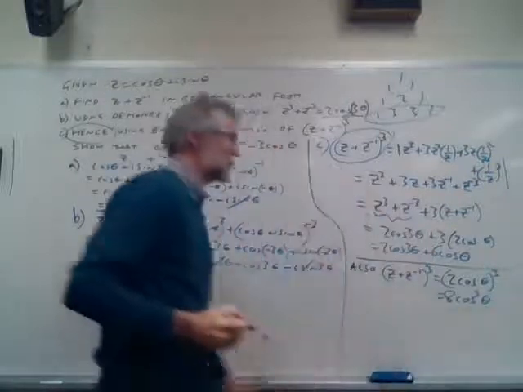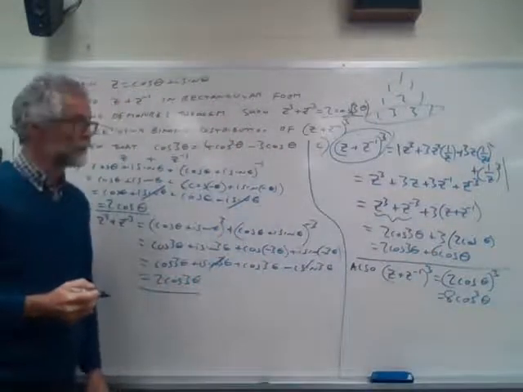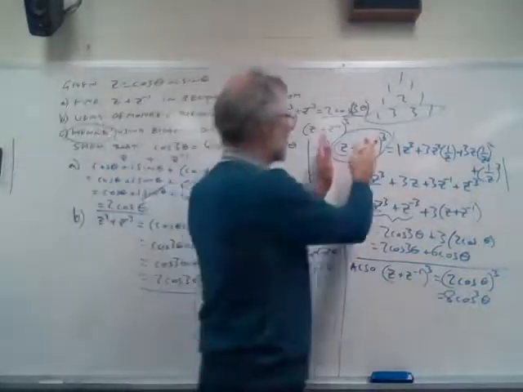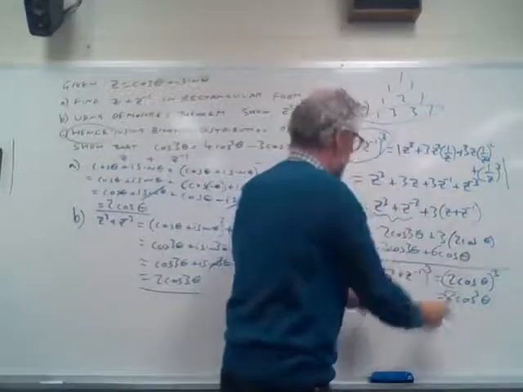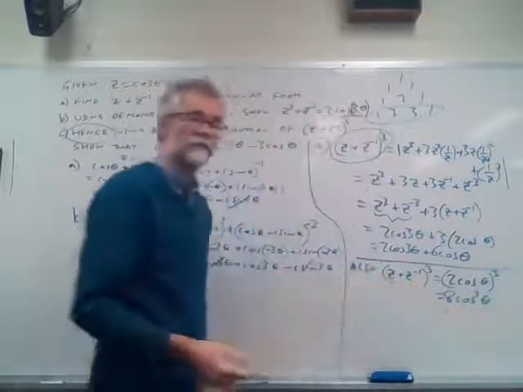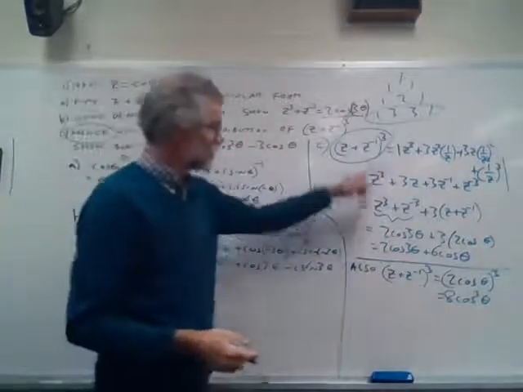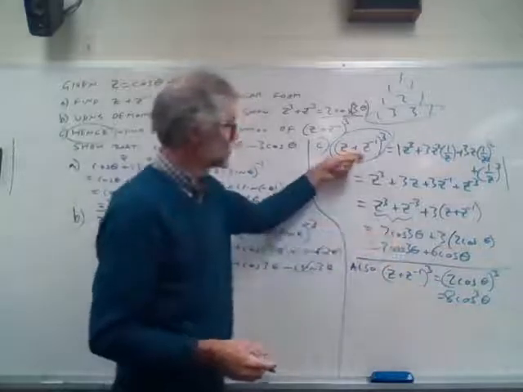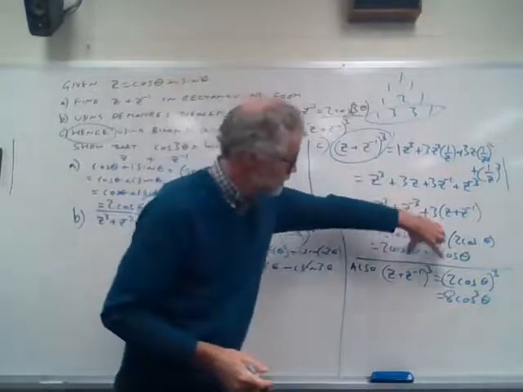And that is 8 cos cubed theta. So you can either think of that as being that, the binomial expansion, or you can think of that as being that. There's 2 ways to deal with it. And because I've just done the same thing twice, that means that must equal that.